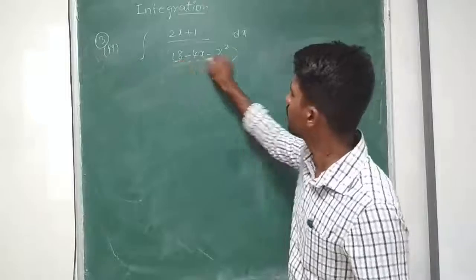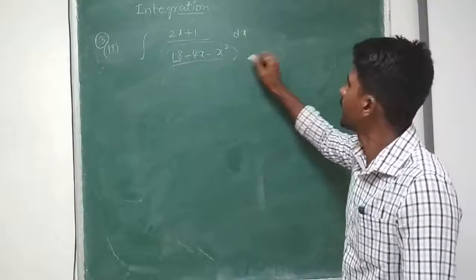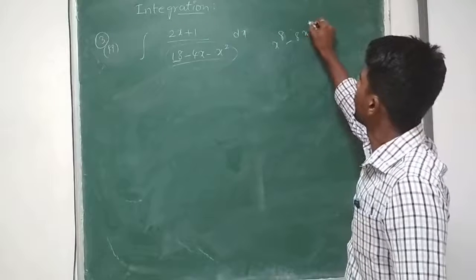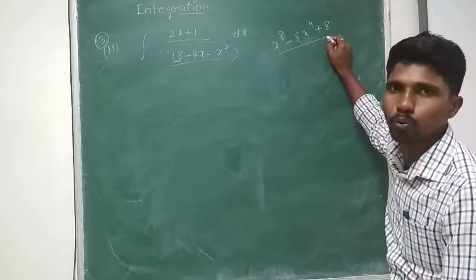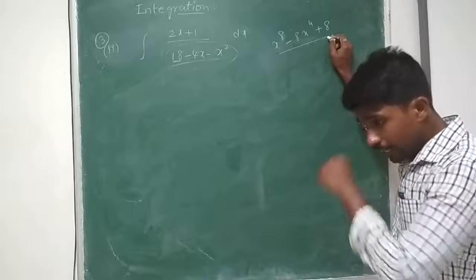If suppose you have something like x to the power of 8 minus 8x to the power of 4 plus 8, what to do? First you have to convert this into a quadratic expression.